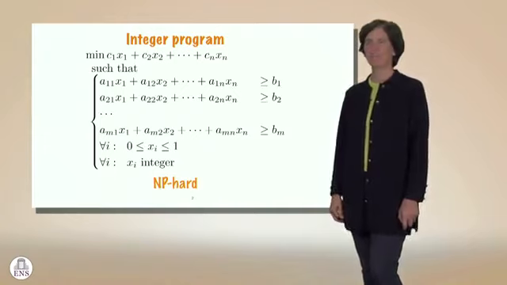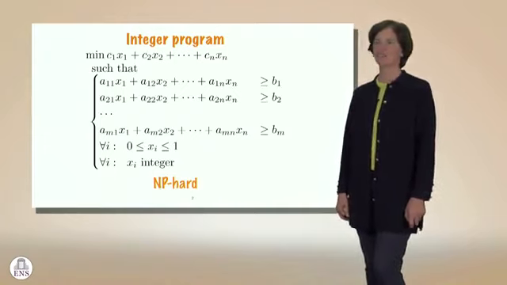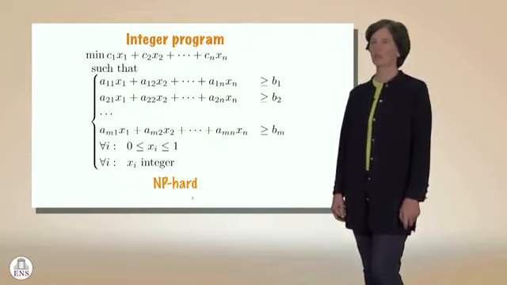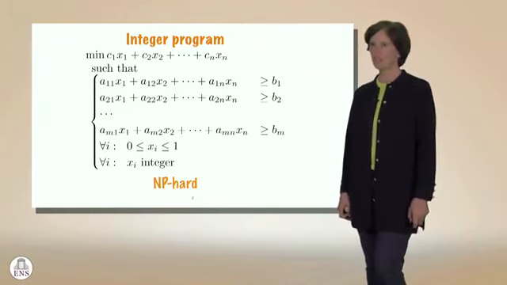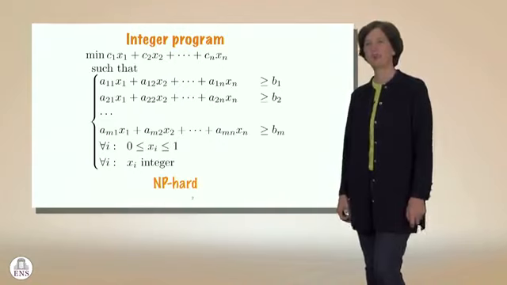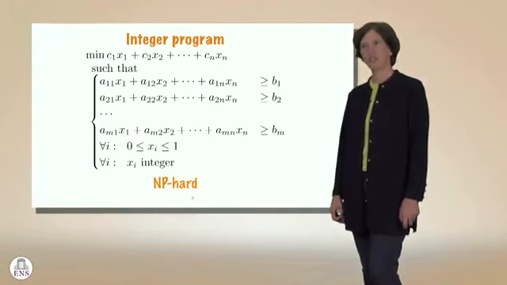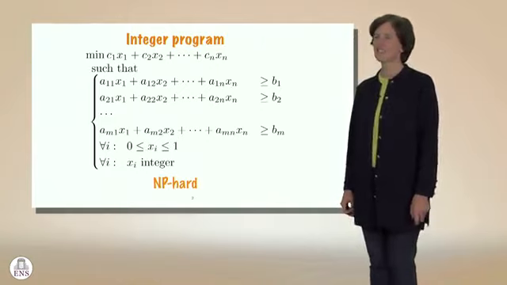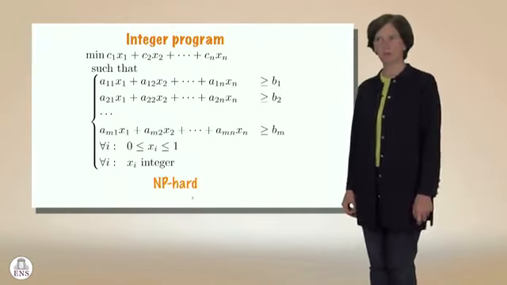The general form is as follows: minimize or maximize an objective of the form c1x1 plus c2x2 plus cnxn, subject to the constraints such as a11x1 plus a12x2 plus a1nxn greater than or equal to b1 for the first constraint, and a whole set of, say, m constraints.